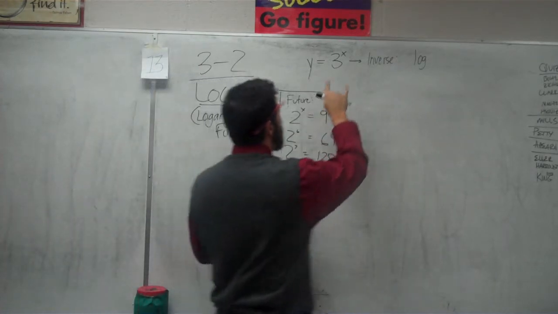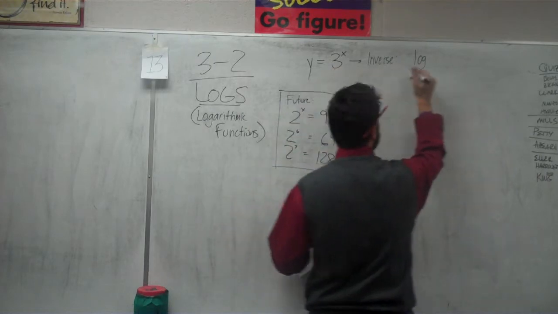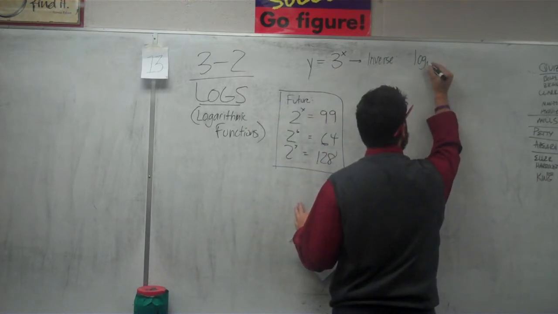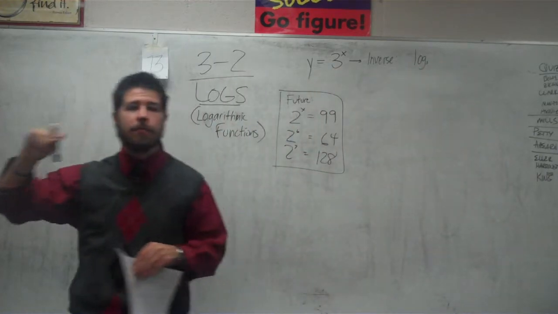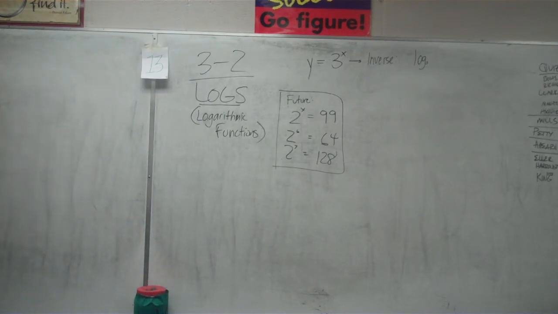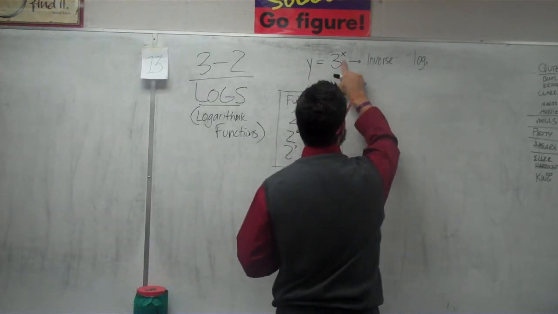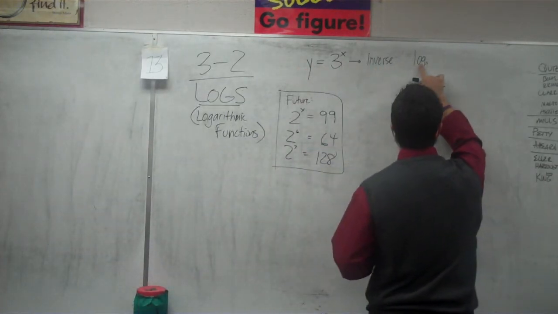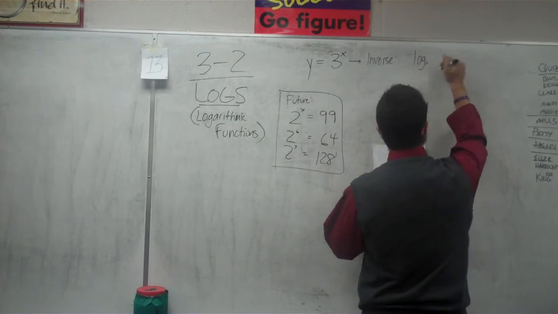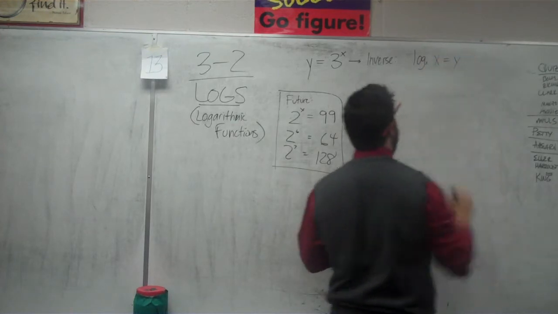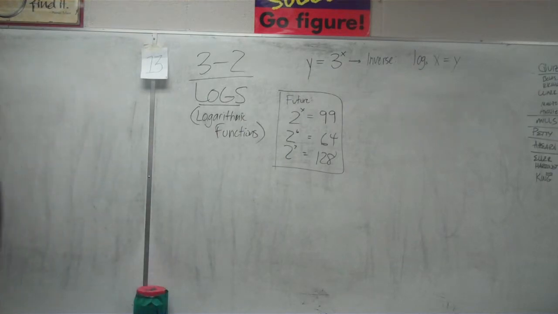Your log is also going to have a little tiny subscript of a 3, and that's the base. And in this case, if I have y is equal to 3 to the x, the inverse is log base 3 of x is equal to y.